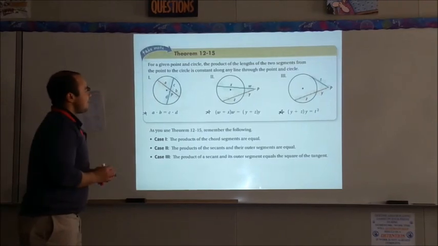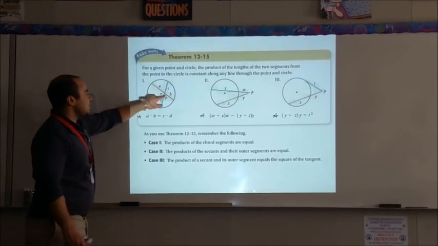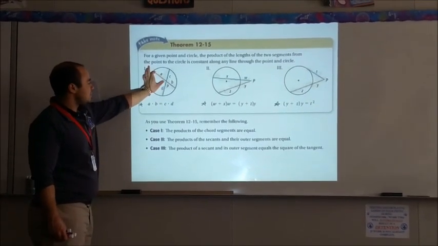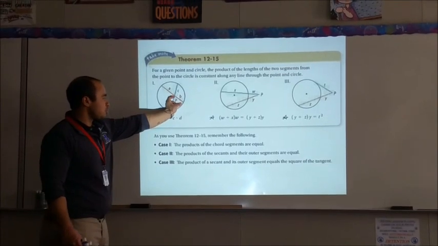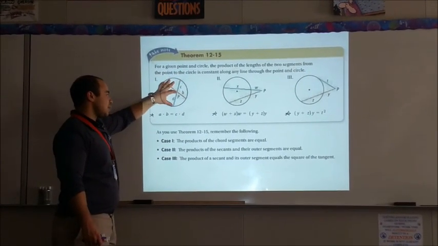All right, so if you have two chords intersecting in the circle, to find the length of any one part of that chord, you can do one segment of one chord times the other portion of that chord equals one segment of the other chord times the other segment.